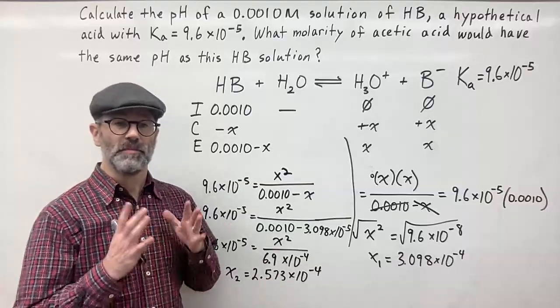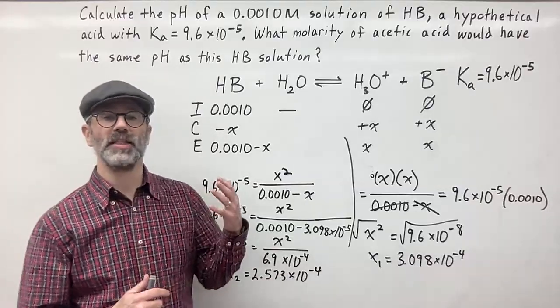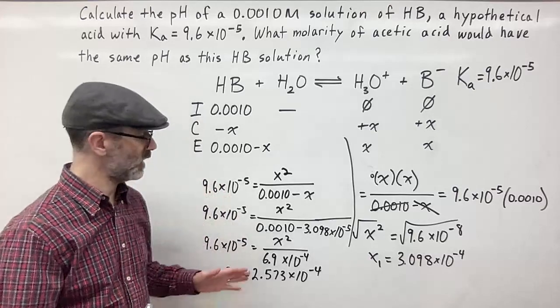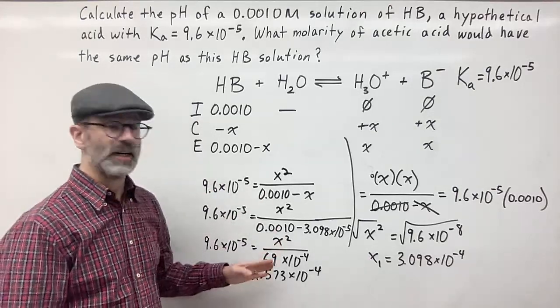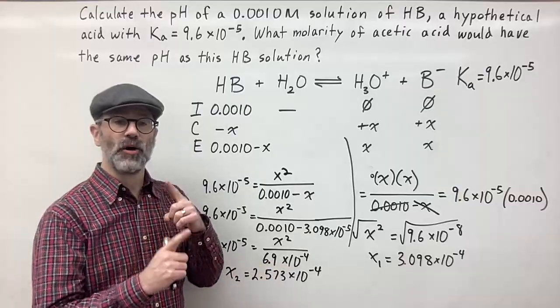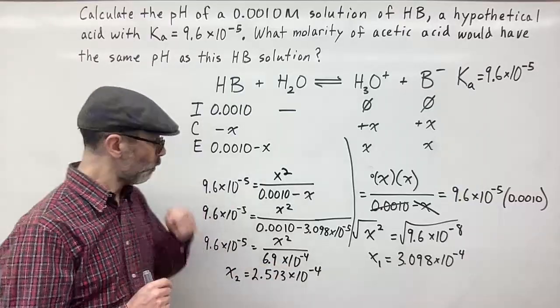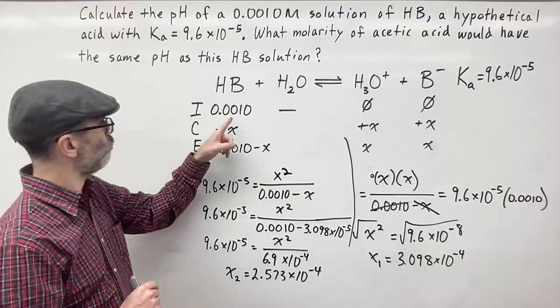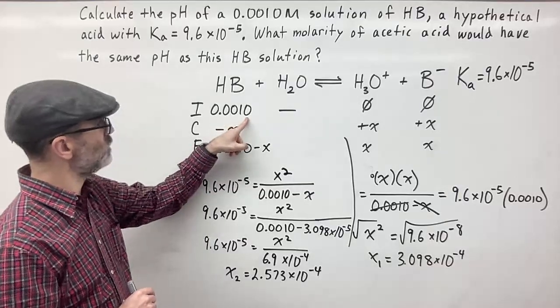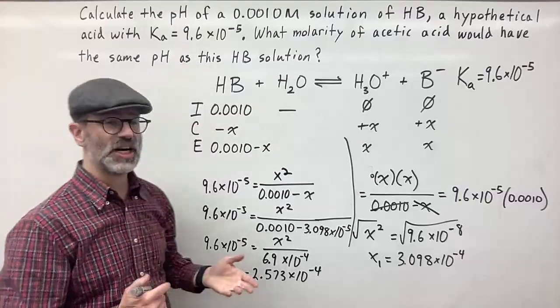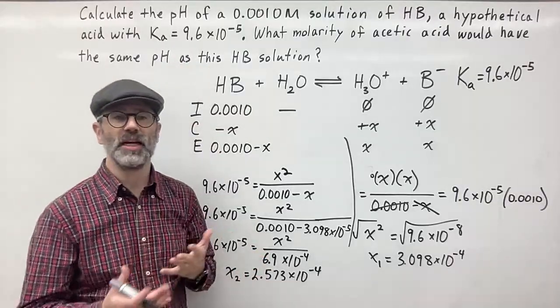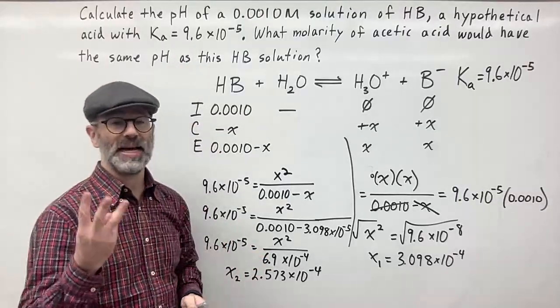Remember, the point of the successive approximation is to keep doing the iterations until you get your x value repeated. Since we have two sig figs here, we really just need repetition up to 2 sig figs, 3 to be on the safe side.